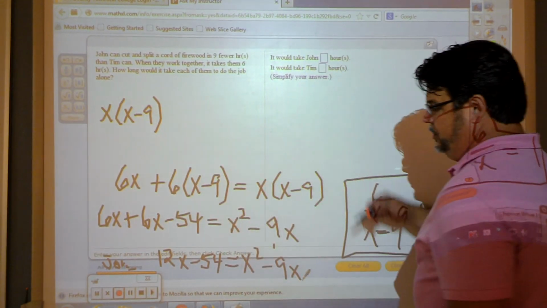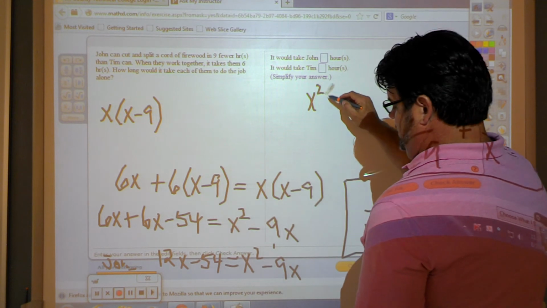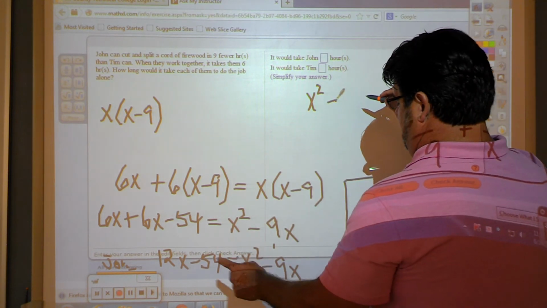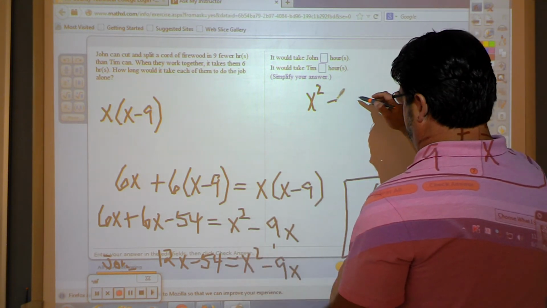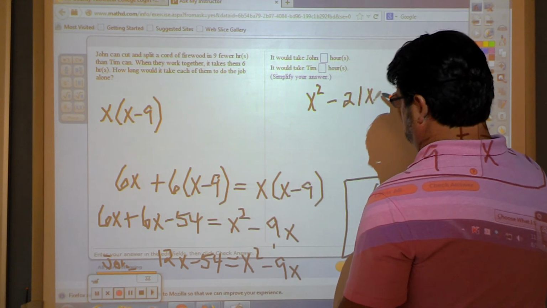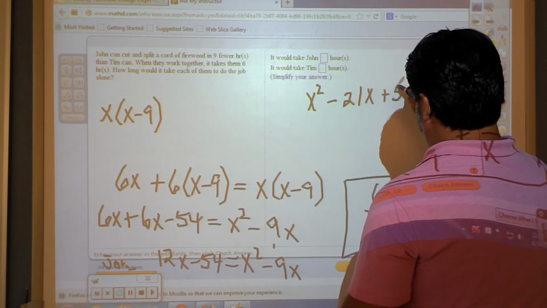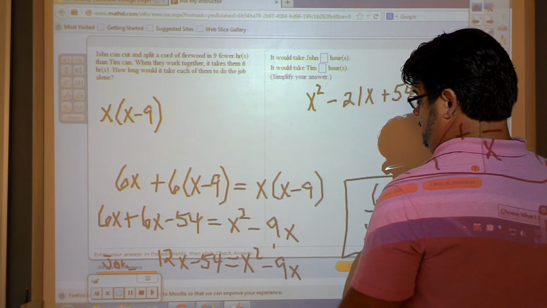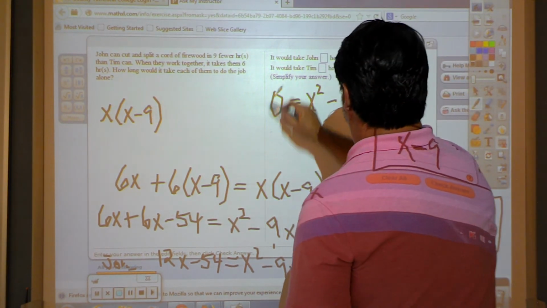And that's going to give you x squared minus 9 and 12 is negative what? 21? Minus 54 would be plus 54 is equal to 0.